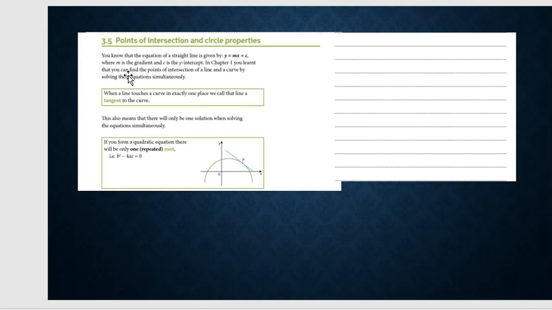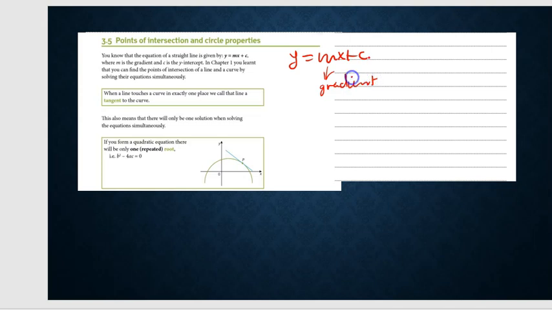You know that the equation of a straight line is given by y equal mx plus c. This is basic knowledge. We know what m is. m is the gradient of the line.